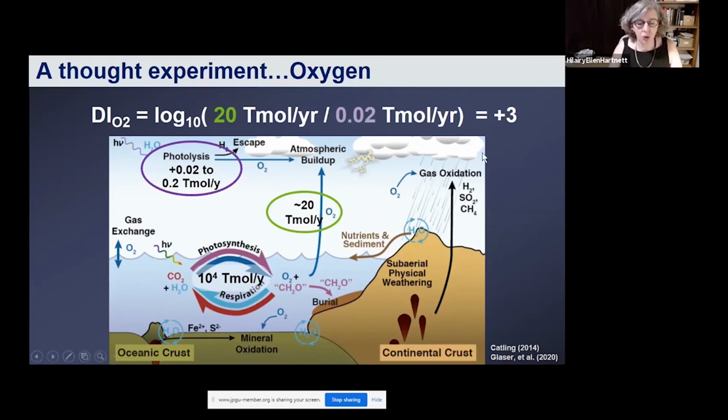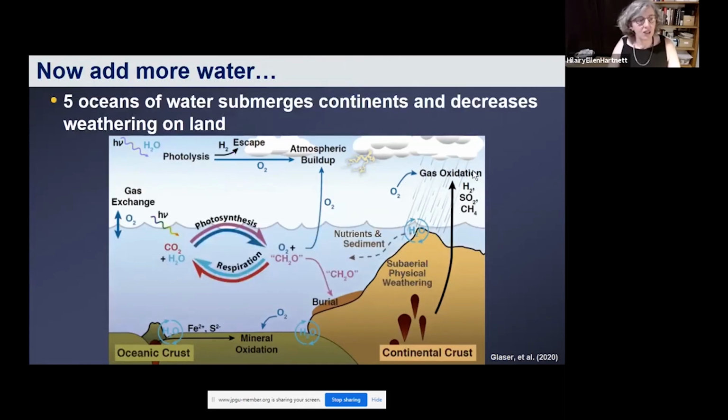So imagine a water world where now the oceans are much deeper. They cover up the continents. For a planet the size of Earth, you only need about 5 oceans of water to submerge the continents. And when this happens, because the continents no longer have subaerial weathering, right?